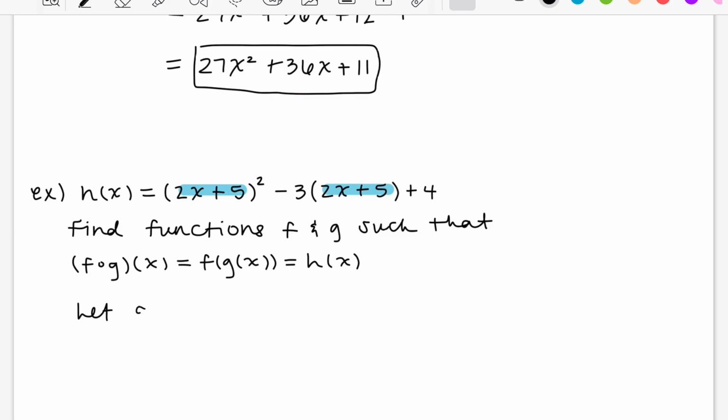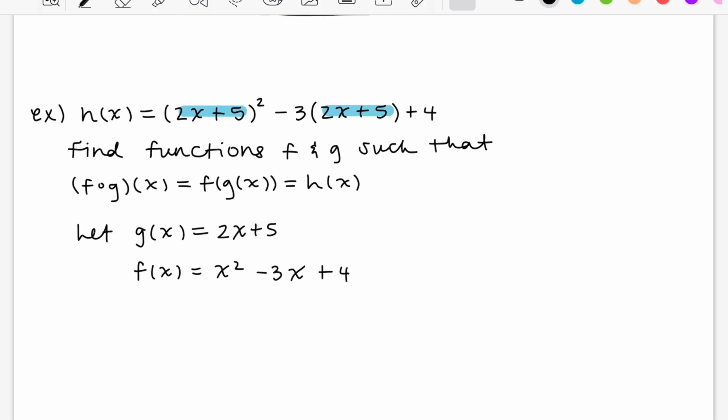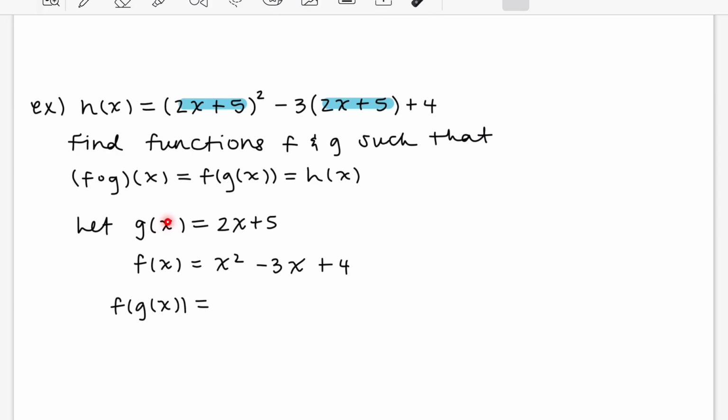So what I mean is, if we let g of x be equal to what's going on the inside, what's being repeated, and f of x be equal to the function x squared minus 3x plus 4 here, then if we were to take the composition of these guys, so we're going to plug g of x into this guy wherever we see an x value, we get 2x plus 5 squared minus 3 times 2x plus 5 plus 4.